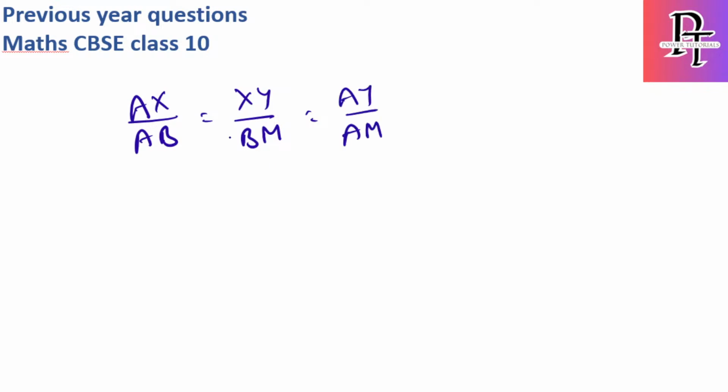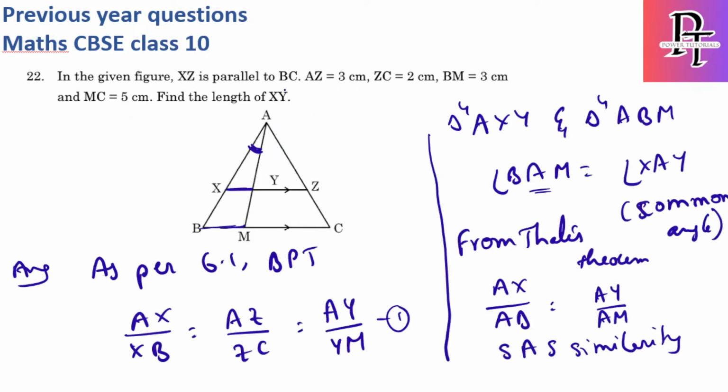We need to find XY. We don't have AX, AZ we have. AZ is 3, ZC is 2, so what will the AC value be? AC value will be 5. So AZ by ZC is equal to AY by AM, so definitely it will again be 3 by 5.